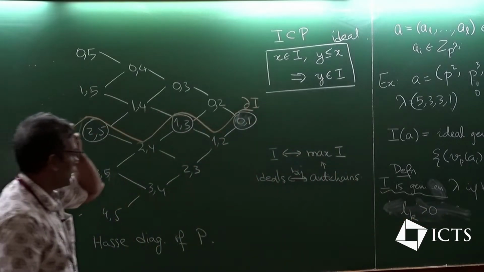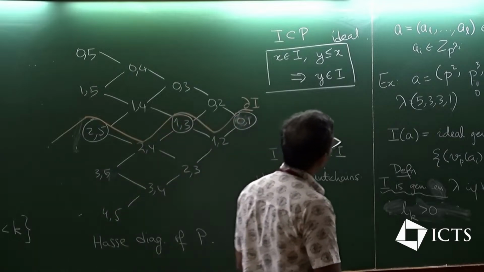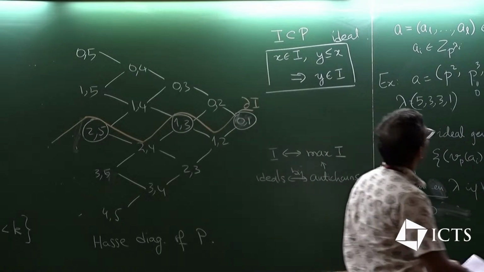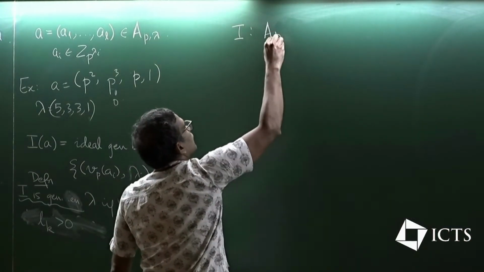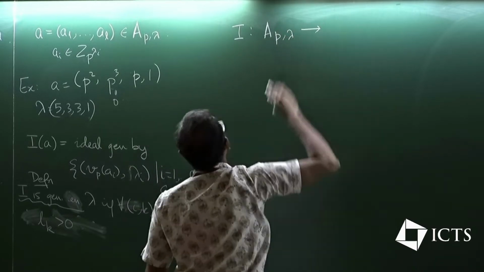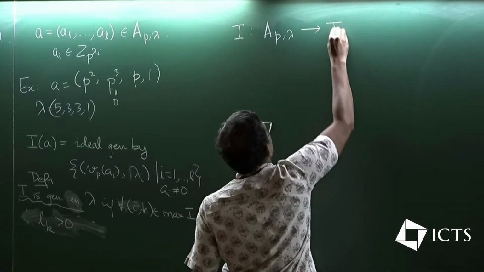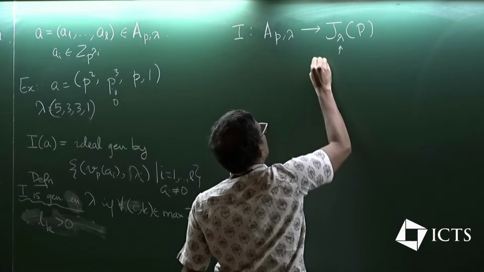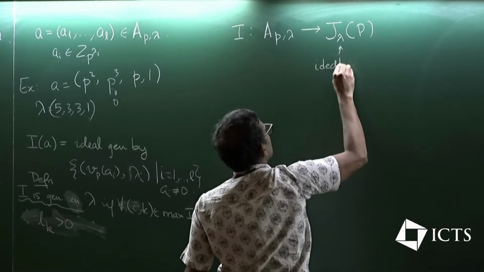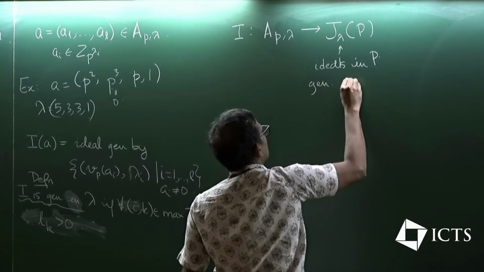So I is generated in lambda. So what you get now is a map I from A_p(lambda) to the set of ideals of P that are generated in lambda. So this is the set of ideals in P generated in lambda.